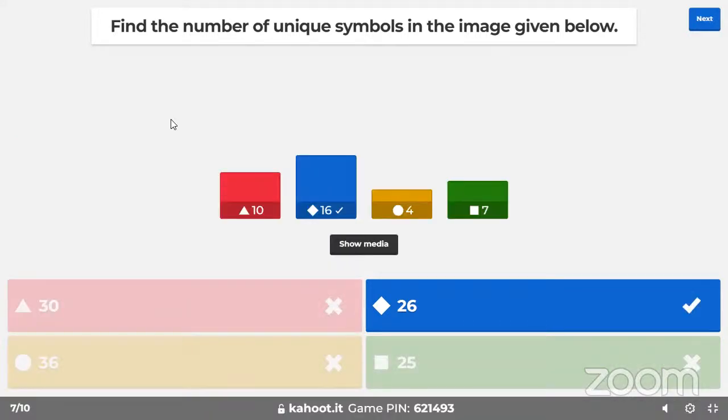Time's up. So the correct answer was 26. 16 among you have answered it correctly.